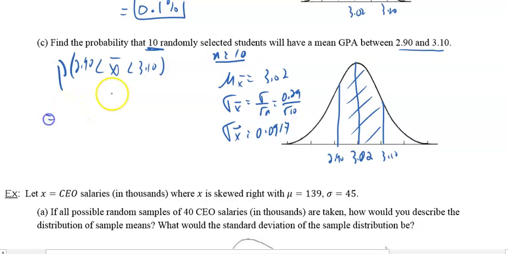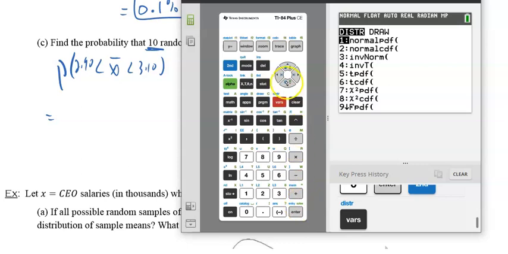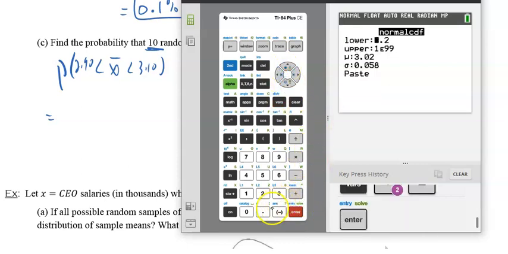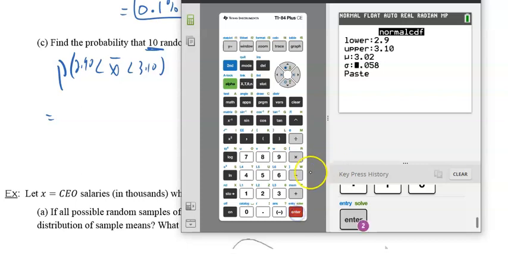Well, this is simply, again, the use of a calculator. I'm going to go to my distribution. I want normal CDF. The lower end is 2.9. The upper end is 3.10. That's the same, but this changed. Right now, it is 0.0917.